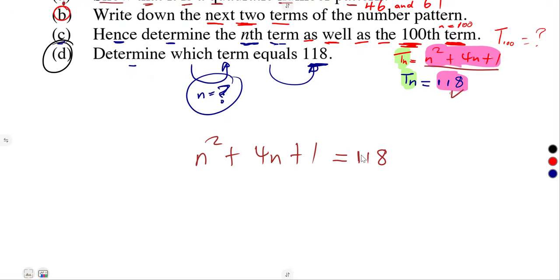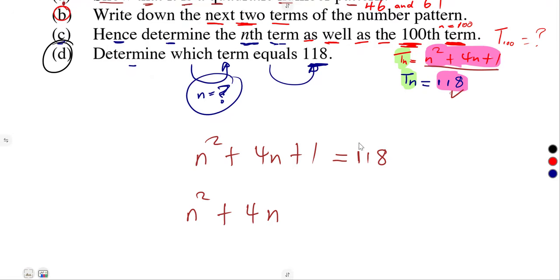So they are equal, meaning an equation has been formed, which we can solve for n. And that's a quadratic, remember? Highest exponent being 2. So that's n squared plus 4n.